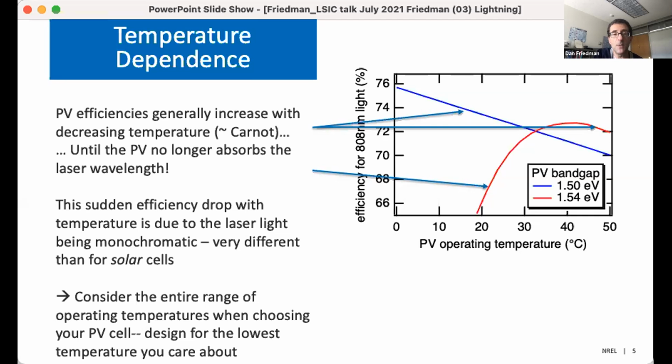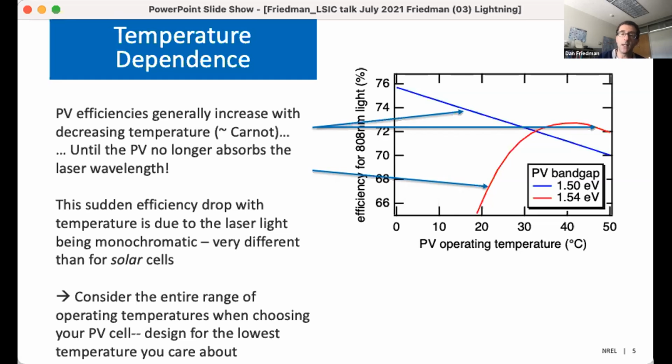So if your laser energy is just barely above the PV cell band gap energy, and you start cooling the PV cell, there comes a point where relatively suddenly the PV cell would no longer be collecting the light at all.